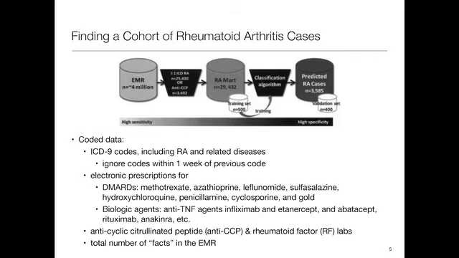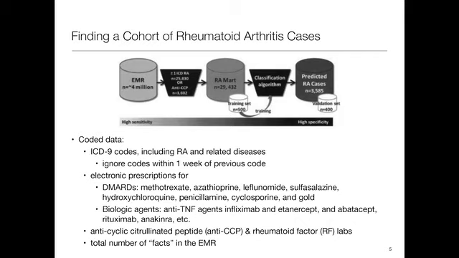We dealt with this multiple coding by ignoring codes that happened within a week of each other, so that we didn't get this problem of multiple bills from the same visit. And then we looked for electronic prescriptions of various sorts. We looked for lab tests, mainly RF rheumatoid factor and anticyclic citrullinated peptide, if I pronounced that correctly.